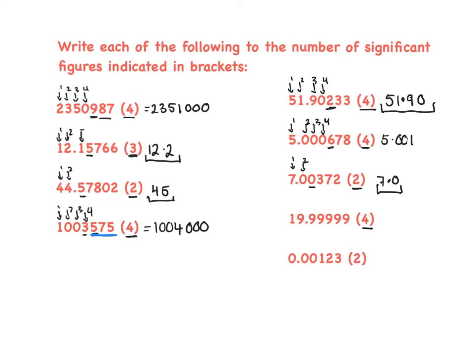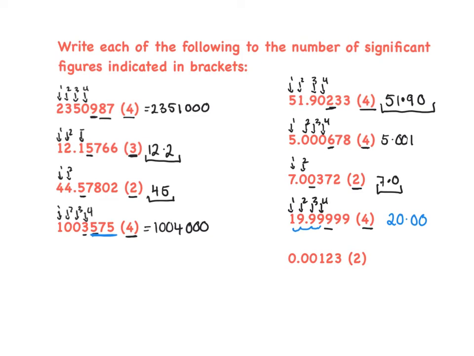It's going to change it. 1, 2, 3, 4. Do we have to go up? Yes. So that means that's going up, that's going up, that's going up, that's going up. So it becomes 20.00. 4 significant figures. That one was a bit tricky.